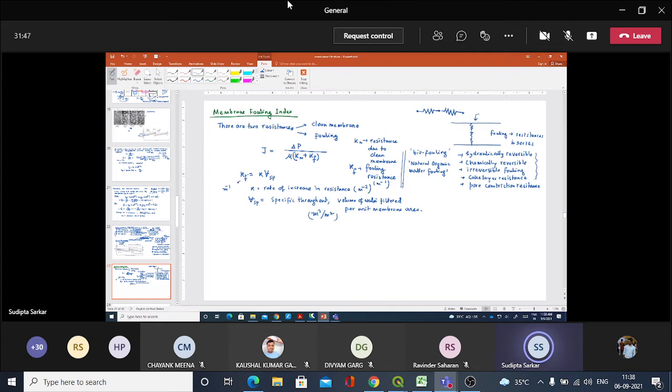So this is how we can define the Kf over the amount of filtration done. With this, we also know that specific flux is nothing but J, flux at any time, divided by delta P. And this equals, then we can write, Km plus Kf.